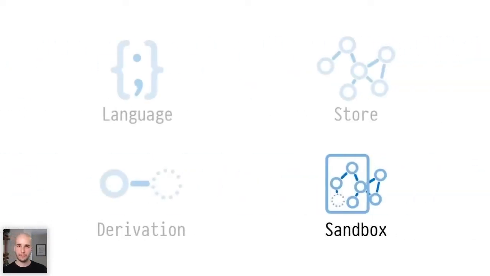But that's kind of half of the story of building software. The other half is the sandbox. So where the derivation has to list everything that is actually used to build the software, sandboxing is how that's enforced. So when Nix builds are run, they're typically by default on a lot of platforms run in an actual sandbox that says, you only have access to these things that you've declared. So if you try to access things that weren't literally listed in that derivation as inputs or dependencies, when you try to access that file, it just fails.